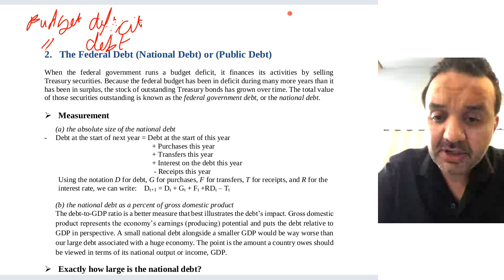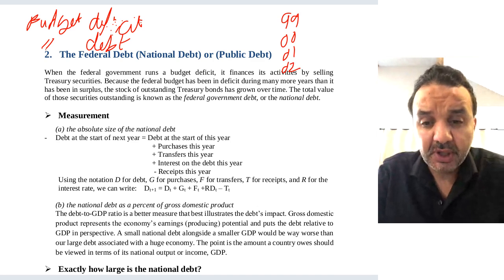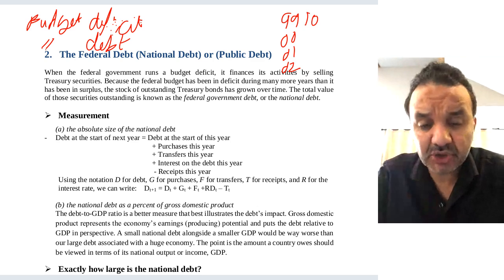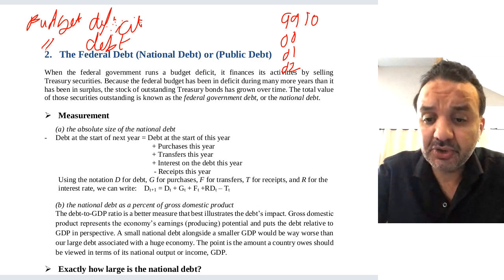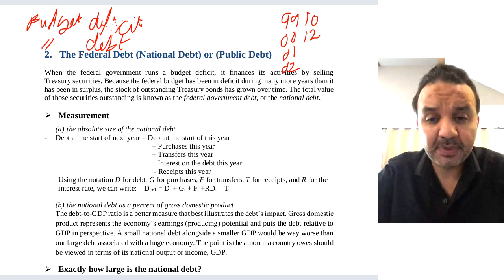So let's say we have 1999, 2000, 2001, 2002. So let's say in 1999, the federal deficit is 10 million. I'm just giving any number just to make it easy for you. Okay, in 2000, now the federal deficit is 12 million.